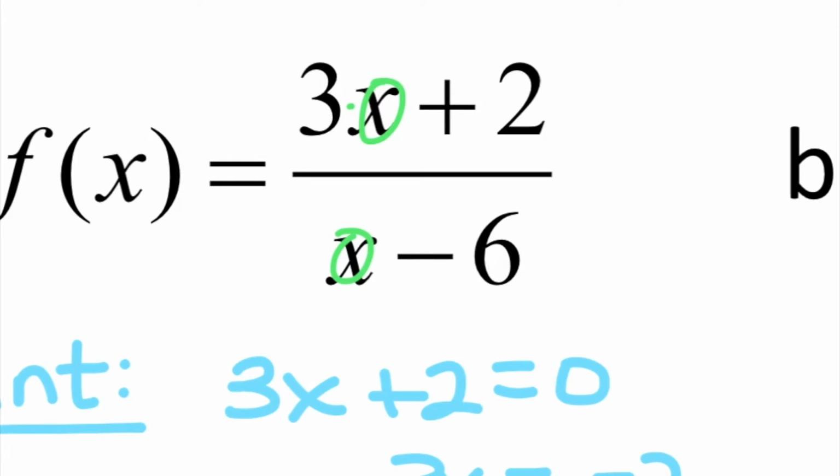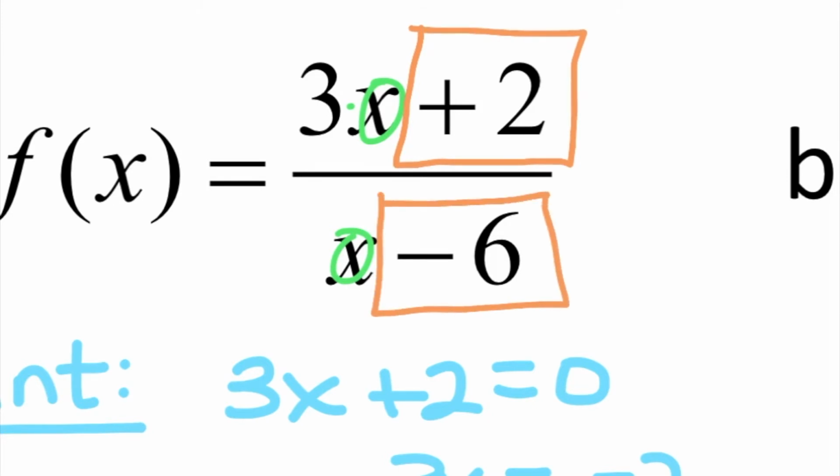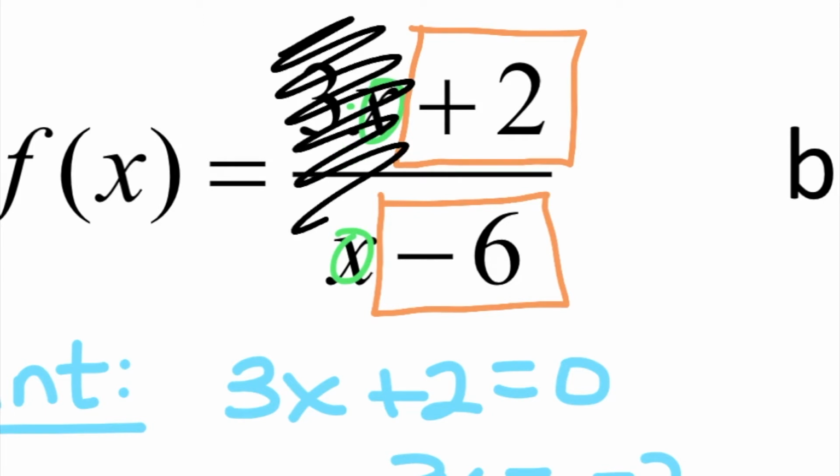But what's going to happen is, if you just look at whatever term in the numerator doesn't have an x, and whatever term in the denominator doesn't have an x, and then if you cross out everything else, or if I was teaching this to you in class, I would take my hand and put it over that part of the equation that I just crossed out.